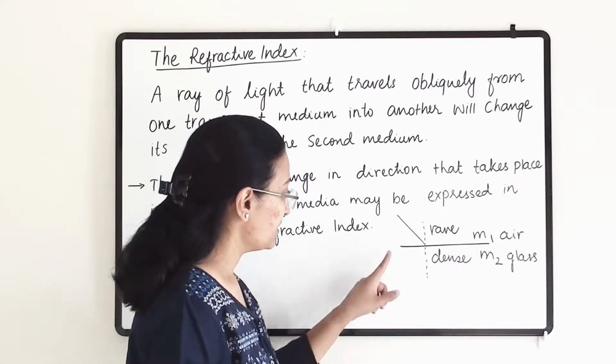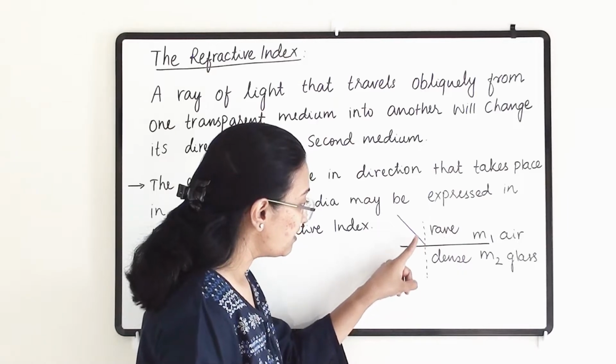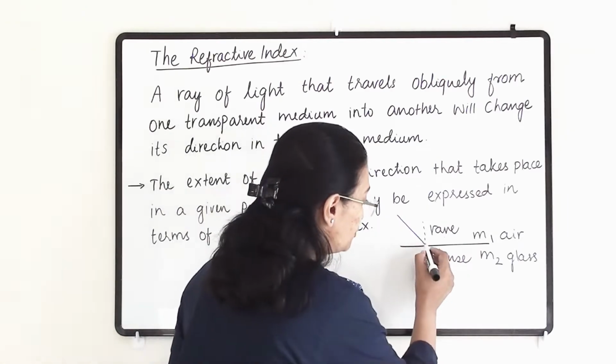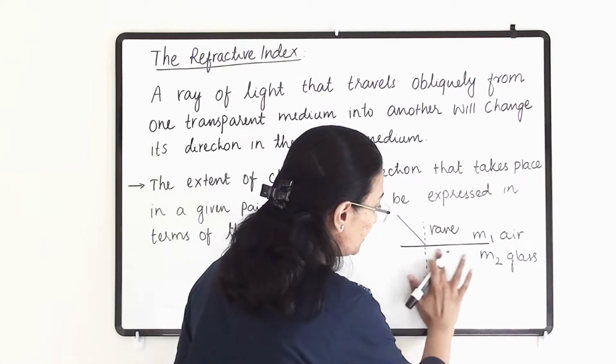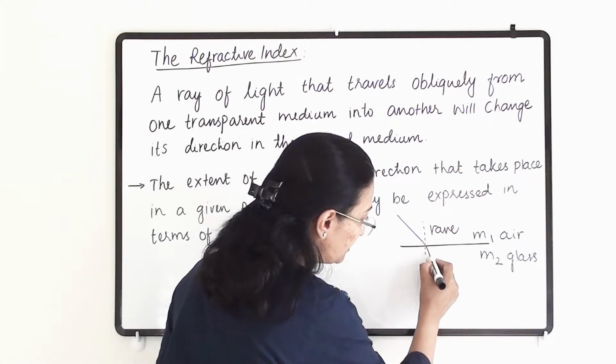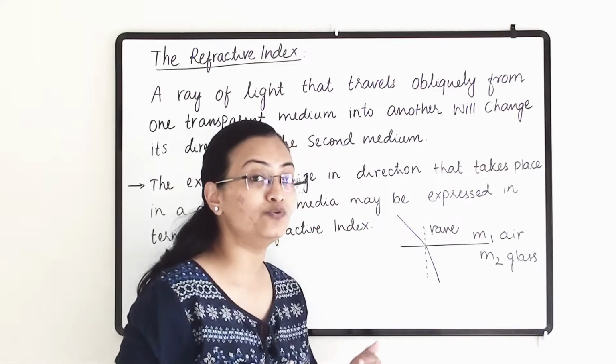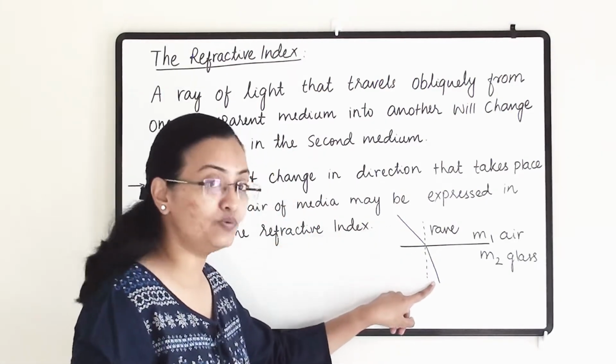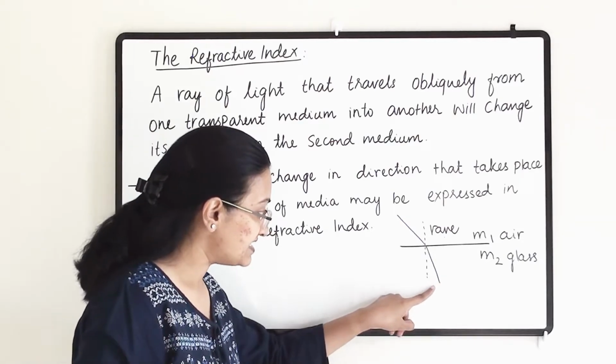So when light comes from a rarer medium to a denser medium, it will bend towards the normal like this, because its speed will decrease. Here the speed is more and here the speed will decrease because it is a denser medium.